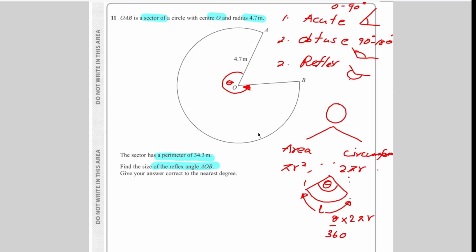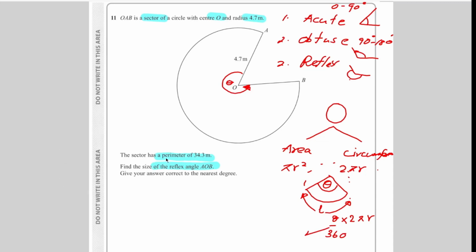If it is arc length, it is part of the circumference. If it is sector area, it is part of the circle area. Then you can pick the correct formula.